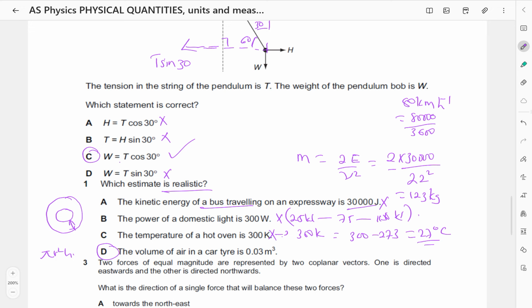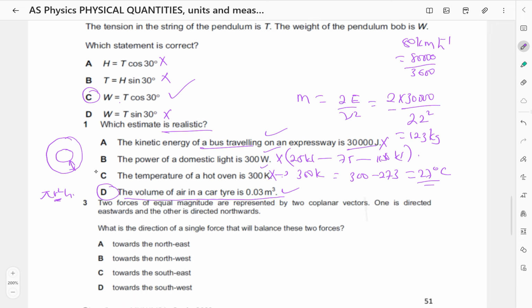Of course, you can estimate that thickness. Perhaps you can say it is 15 centimeters and so on, and you try to find what the radius would be. And you'll notice that actually the volume of air in a car tire is a reasonable estimate. If the others are not reasonable at all, then D is the realistic one.